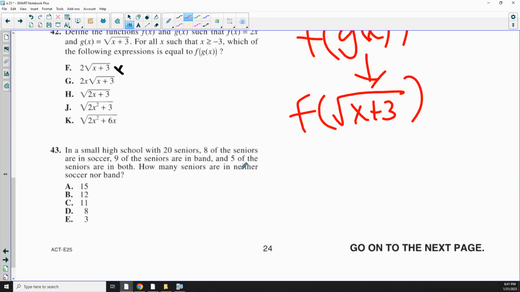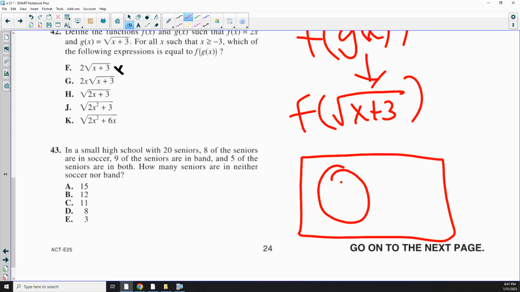In a small school with 20 seniors, 8 are in soccer. This is a famous Venn diagram. So soccer has 8 guys, and 9 are in the band, and 5 are in both. So there are 5 people in both, the intersection. So what I do is I take out 5. They said 8 are in soccer, so that means there are 3 out here. 3 plus 5 is 8.